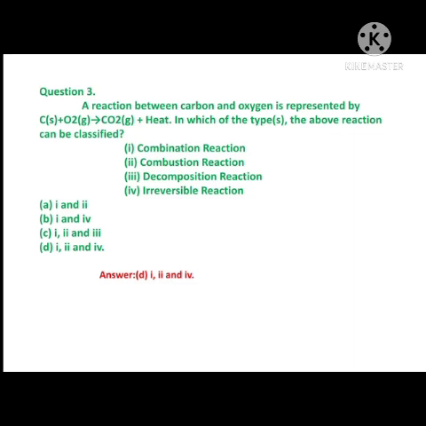Fourth question: the chemical reaction Na2SO4 plus BaCl2 gives BaSO4 plus NaCl. This represents which type of reaction? This is not a neutralization reaction. Neutralization reaction means when acid and base react together to form salt plus water. Heat is not produced, so that is not a combustion reaction.